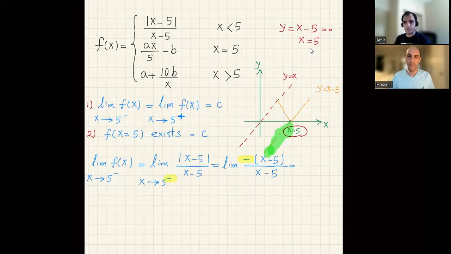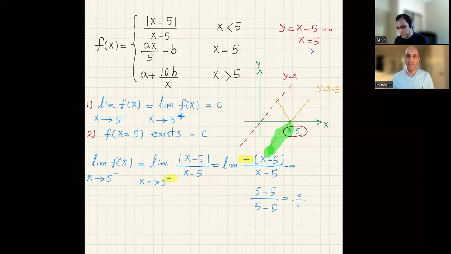Since that's a limit problem, we can divide the numerator by the denominator, because we are sure that the x value is not going to be exactly 5. Because if it's exactly 5, it's going to be 5 minus 5 divided by 5 minus 5, so 0 divided by 0, it's undefined.